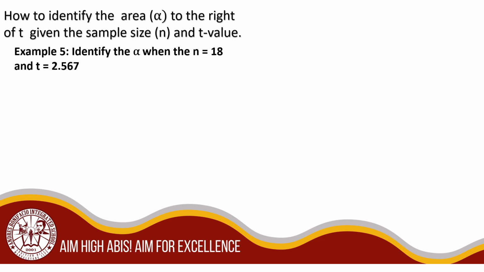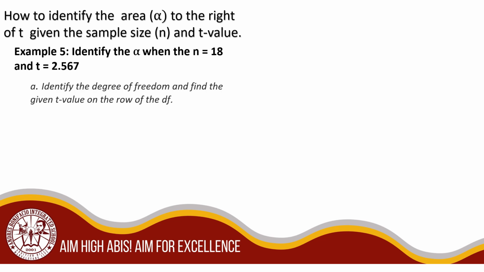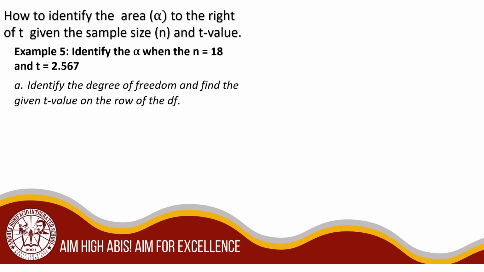So, first we have to identify the area or the alpha when n is equal to 18 and t is equal to 2.567. So, kailangan mo natin, of course, yung degree of freedom. So, that's df is equal to n minus 1. So, 18 minus 1 is equal to 17.